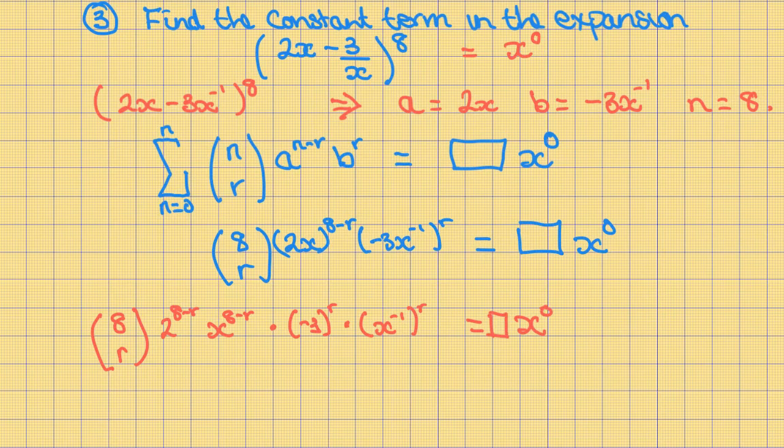So x to the 8 minus r times x to the power of minus r, I've just multiplied it out, must equal x to the 0. We have the same base, so we can solve for r. So 8 minus r equals 0, therefore r equals 4.